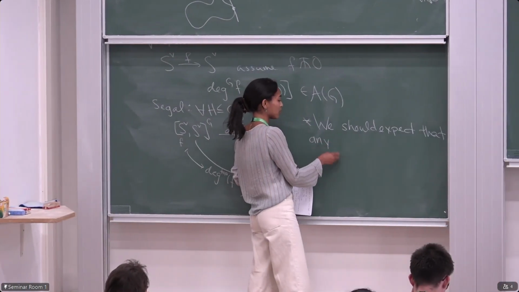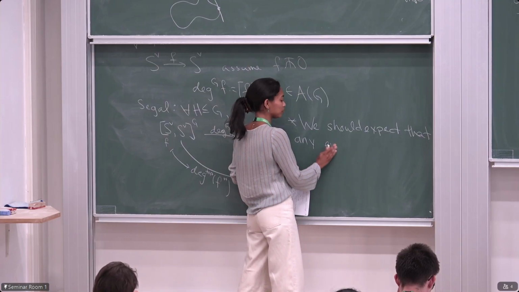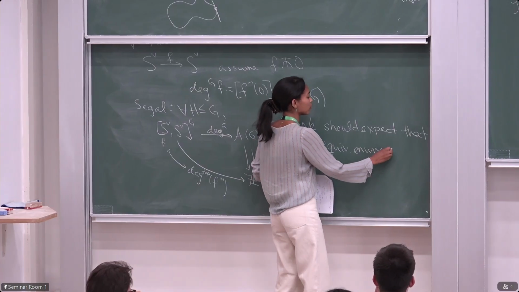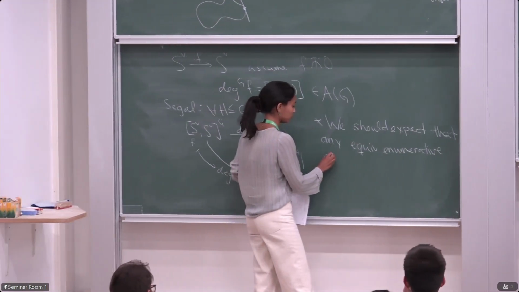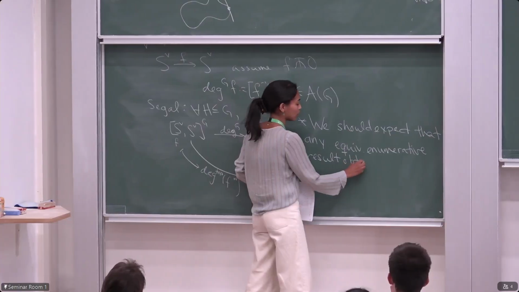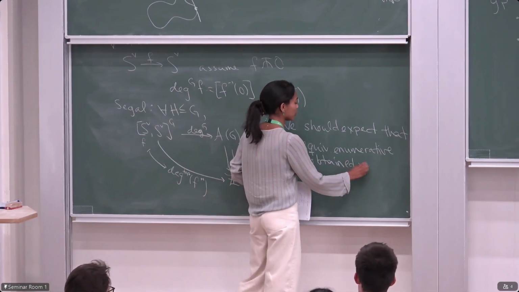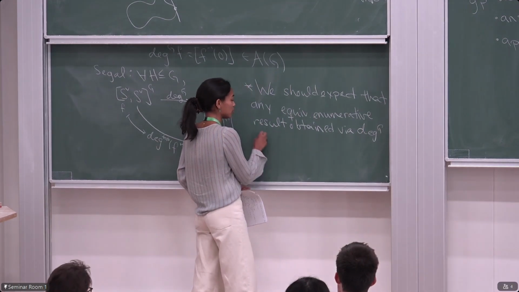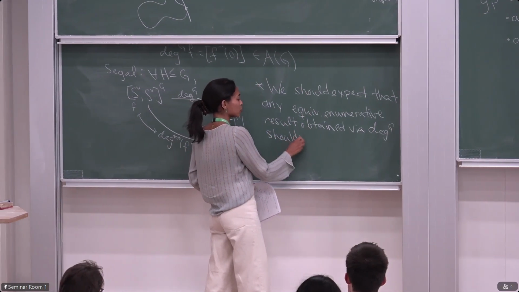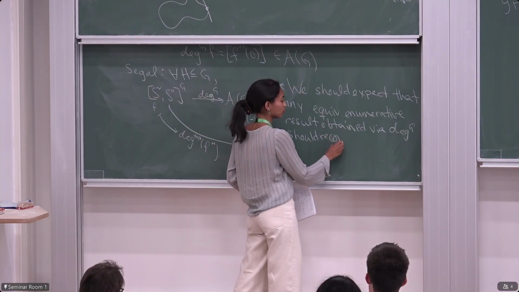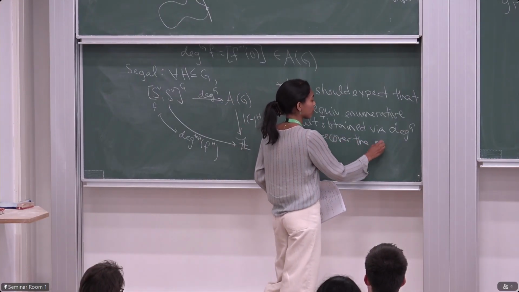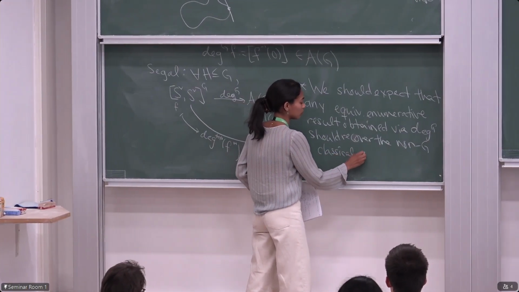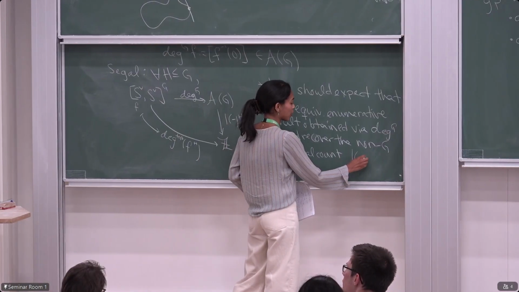So we should expect that any equivariant enumerative result obtained via the equivariant degree should recover the non-equivariant classical count just by taking the cardinality.